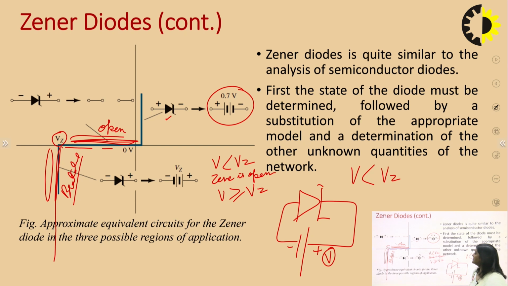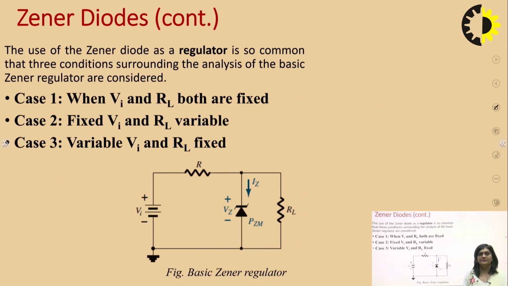We will use the Zener diode in the reverse bias region. In forward bias, it acts as a normal PN junction diode. In reverse bias, if the voltage applied across the diode is less than VZ, it behaves as an open circuit, and if it is greater than or equal to VZ, it works as a voltage regulator, replaced with the VZ voltage.